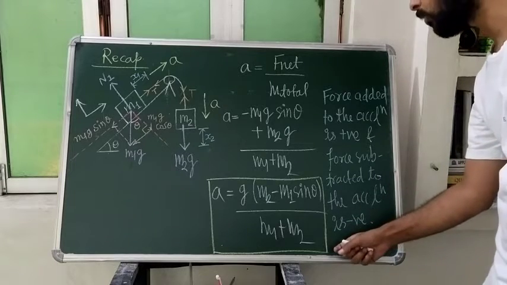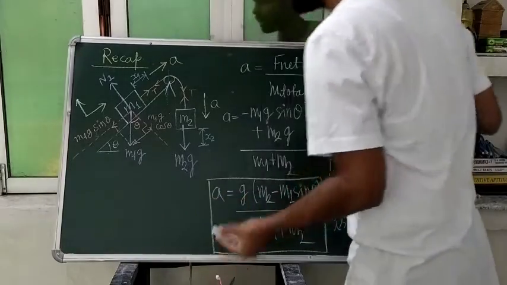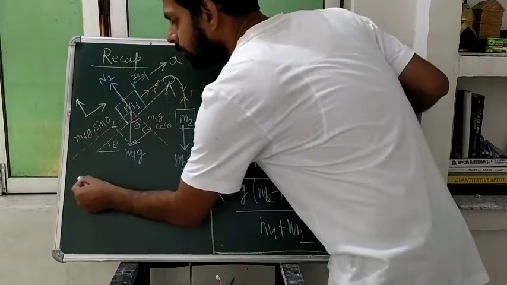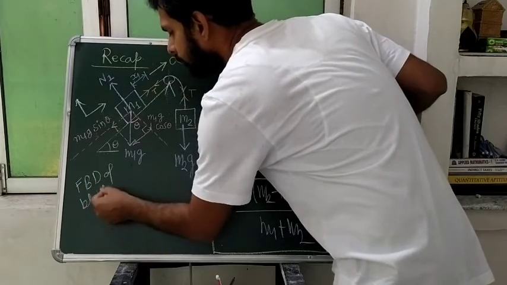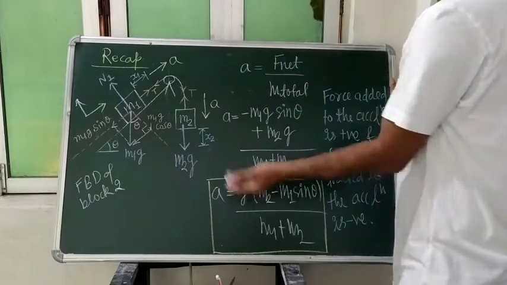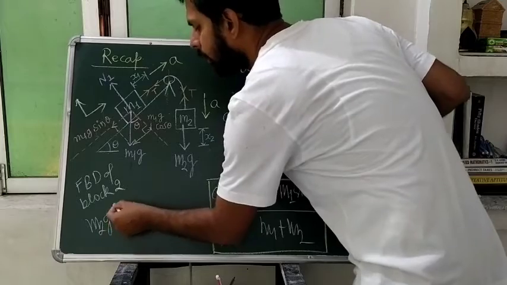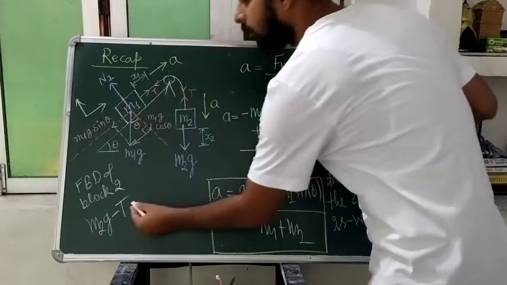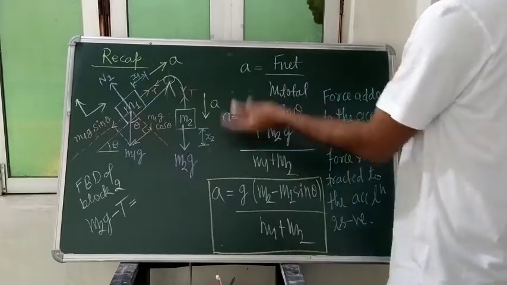So once you come to know what that acceleration will be, of course, if you select the FBD of block 2, and suppose you are taking the downward side as your positive, so this m2g will become positive, tension will become what? Negative, minus T. Newton's second law you are applying in that y direction.